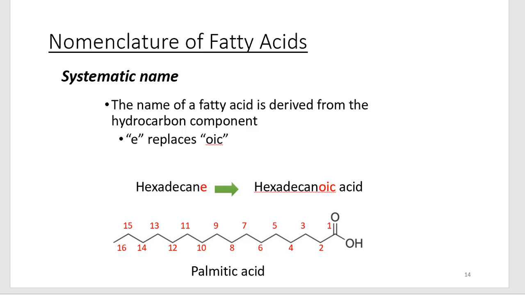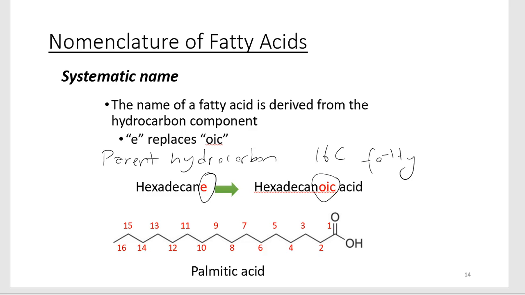So that is the parent hydrocarbon, and the terminal E is replaced by oic, and that's the 16 carbon fatty acid.